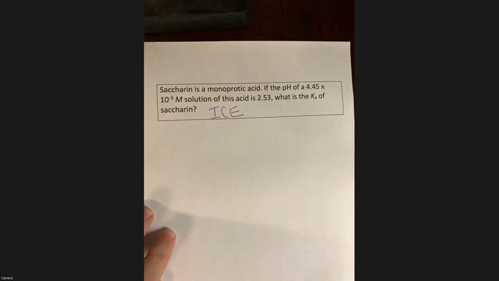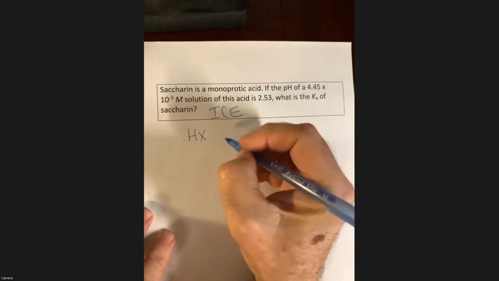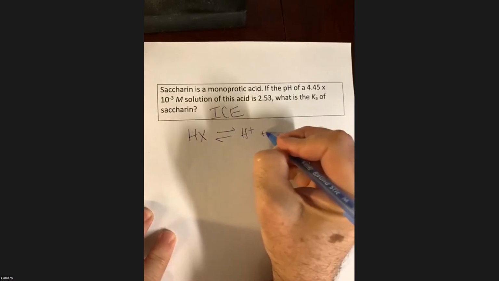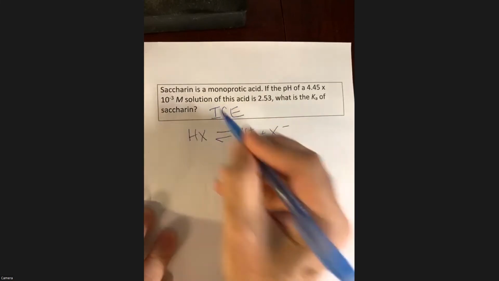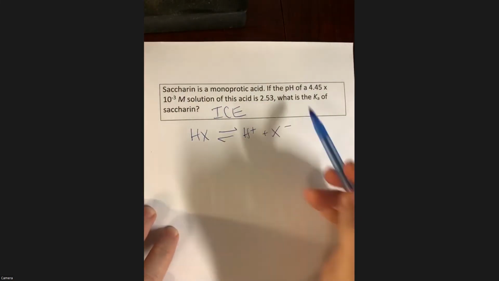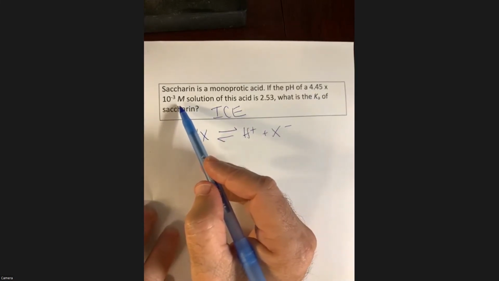Saccharin, well, I don't know what saccharin is. So it says it's an acid, so let's just call it HX. And let's say that it is in equilibrium with the typical ions. Again, I don't have to know what its formula is other than to find out how to make this kind of a solution. But let's say somebody made it for me.